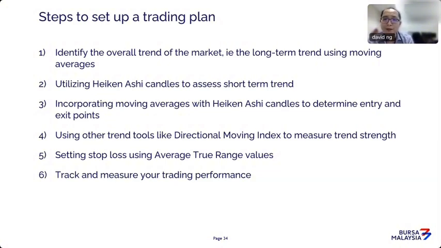Heiken-Ashi is derived from Japanese candlesticks, but slightly different because it takes the average of the bars. So in a sense, it paints a better trend picture compared to candlesticks, which are more reversal by nature. You can also incorporate other tools like moving average crossover or the directional movement index as a way to measure the strength of the trend.